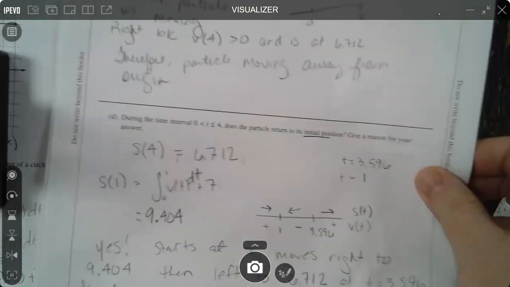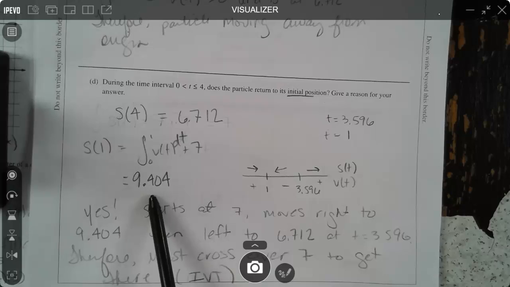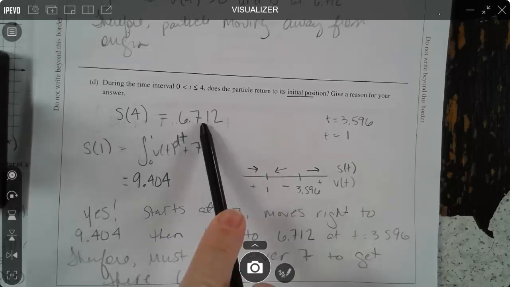So if you think about it, if he started at 7 and then he went to 9 and then he went to 6, he had to cross over 7 to get there, right? There's no other way to get from 6 to 9 without crossing over 7. And that's that intermediate value theorem. So 1 point for the answer with reason. 1 point, it says, for sandwiching the initial position.